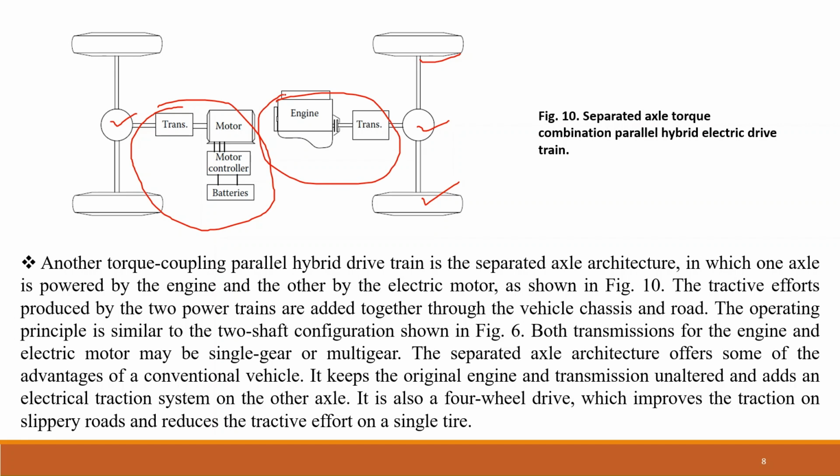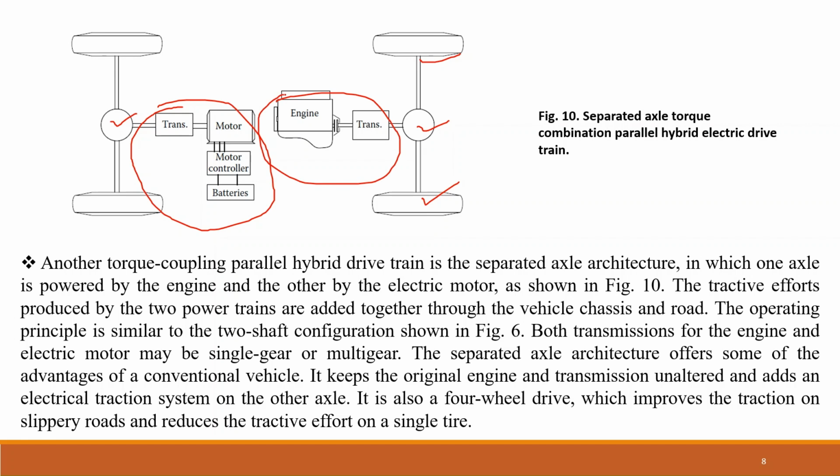Another mode of torque coupling parallel hybrid drivetrain is known as the separated axle architecture, in which one axle is entirely powered by the engine and the other axle is entirely powered by the electric motor. The tractive efforts produced by the two powertrains are added together through the vehicle's axles and the road.